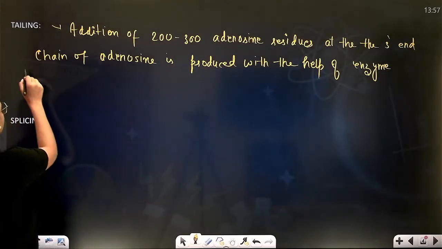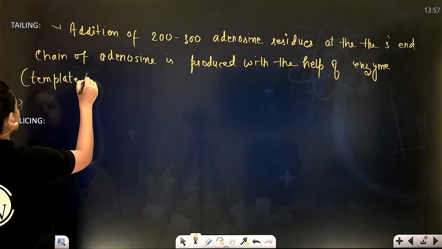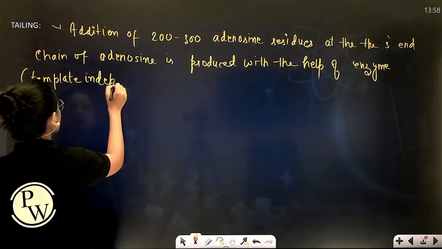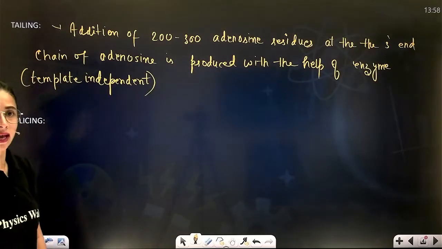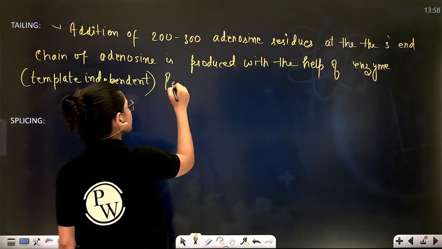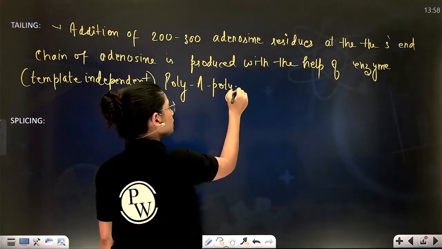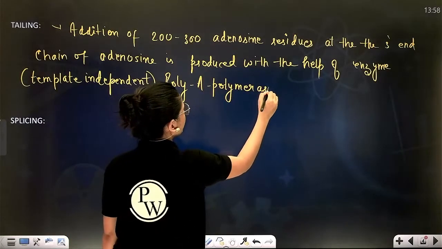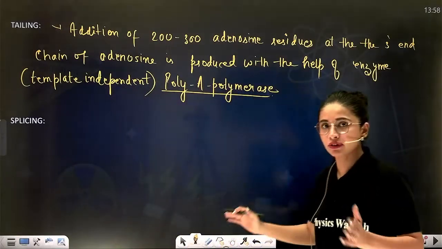In bracket you can write template independent. So with the help of the enzyme poly-A polymerase.